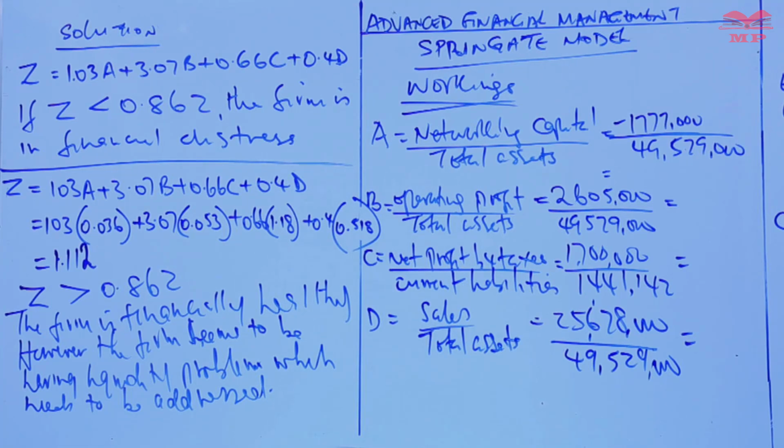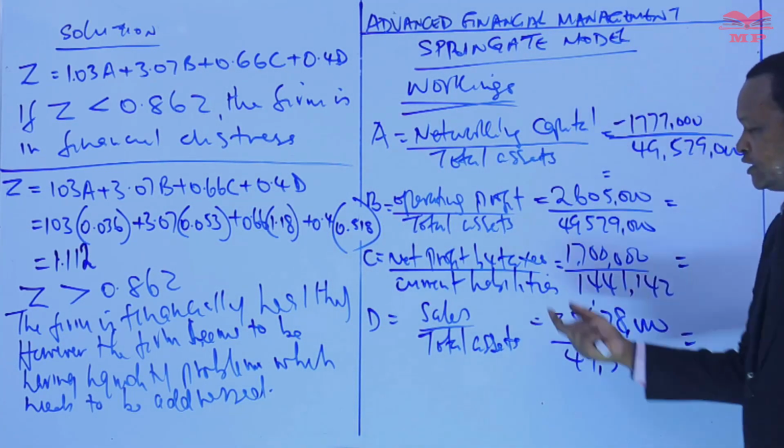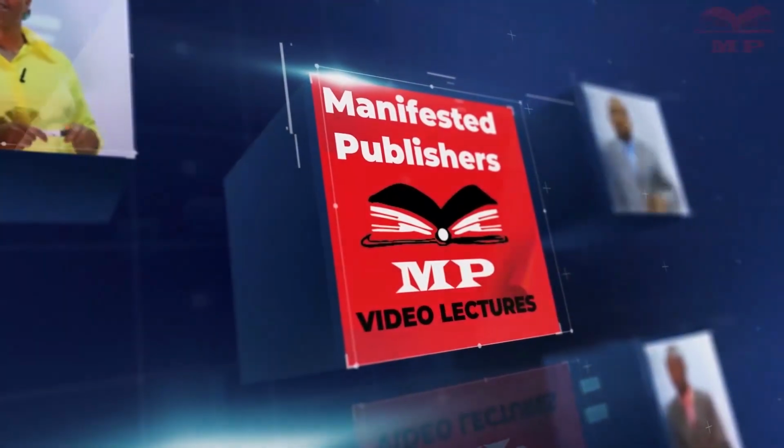So make sure you take into consideration the fact that the values may not be direct, but the formula is direct. So interpreting the question and getting the values, that is where the challenge may be.